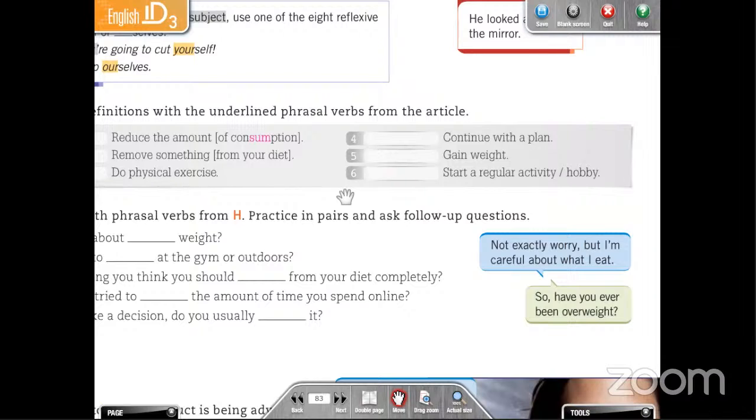Who can tell me? Put on. Put on. Yes, put on. Put on, you know that we use also in order to talk about the clothes that we wear. So we can say, I am going to put on my jacket, right? But also it is referred to gain weight. Okay, and finally, start a regular activity or hobby.